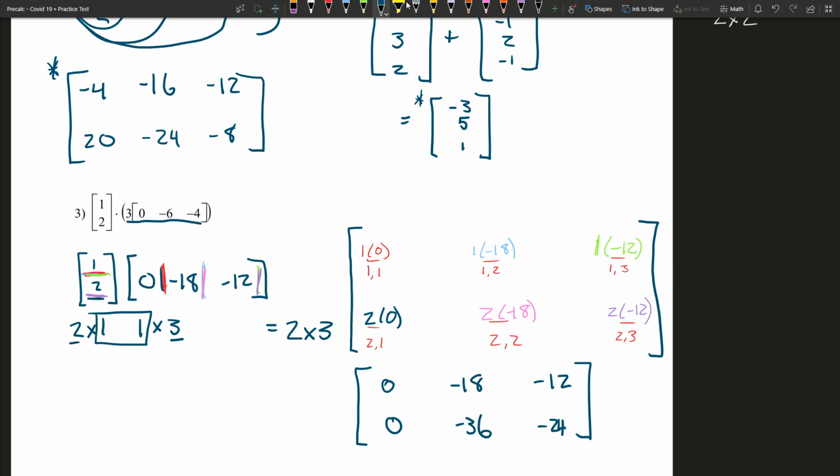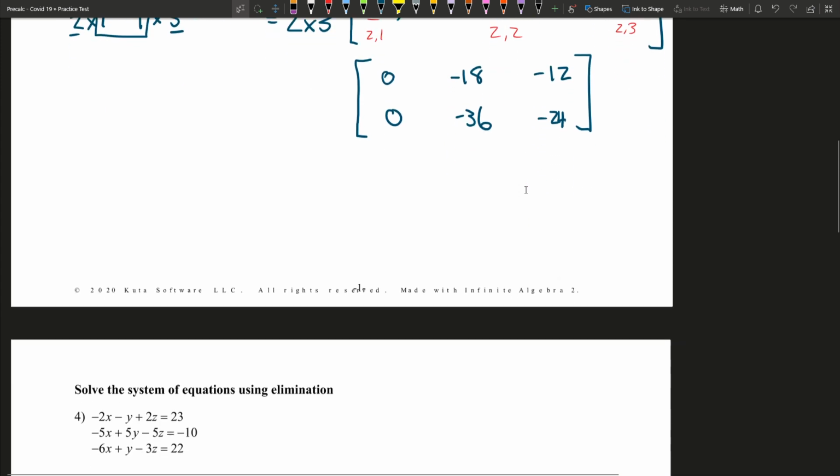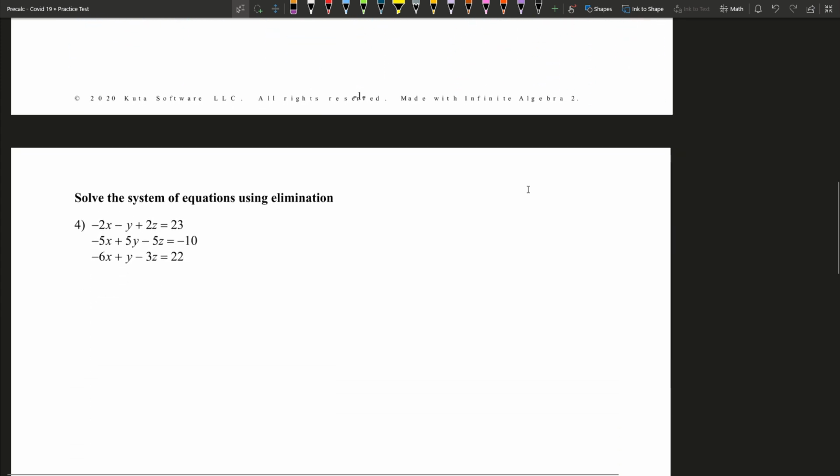Can you go over number 4 by eliminating the y first, then the z second? I mean, you can eliminate any variable. You can eliminate x first and then z second. There's no perfect way to do it.